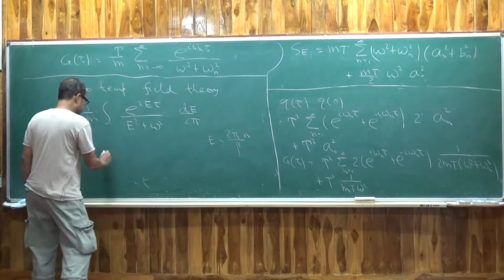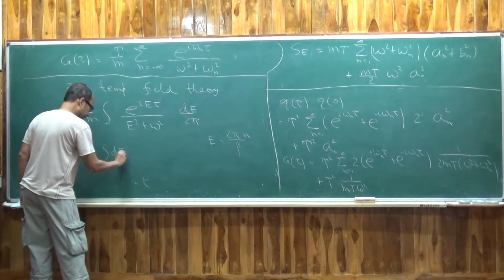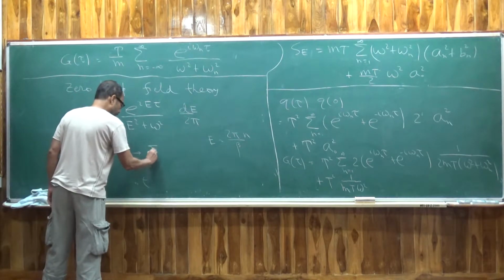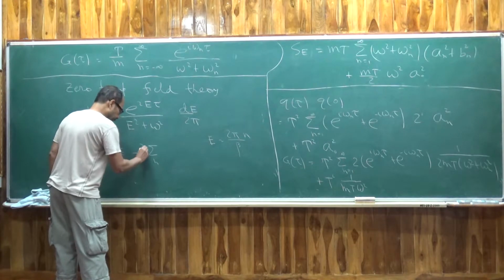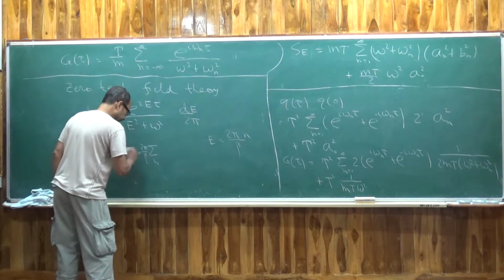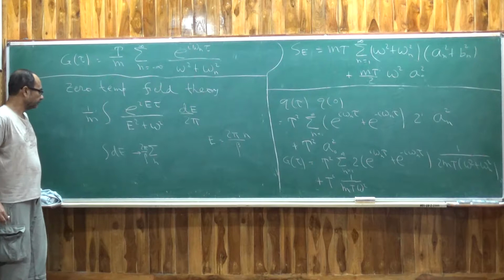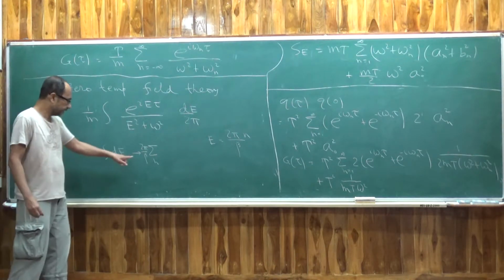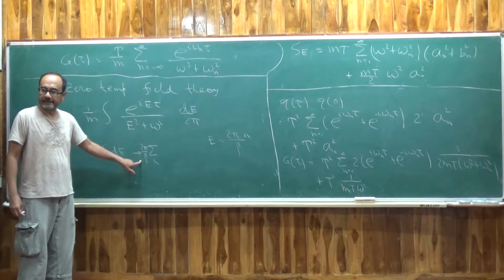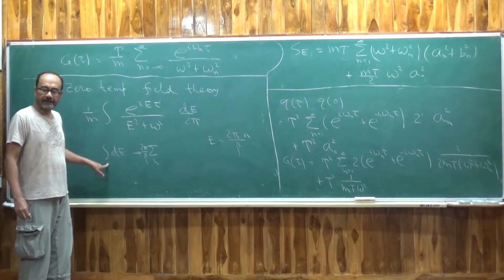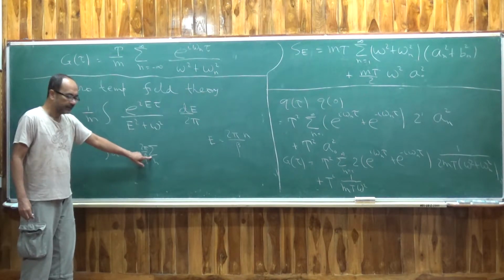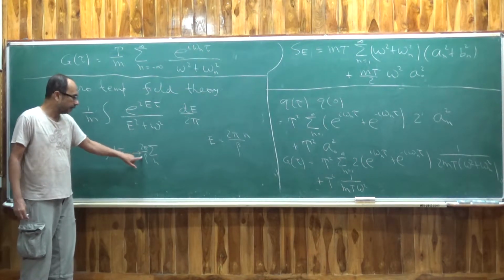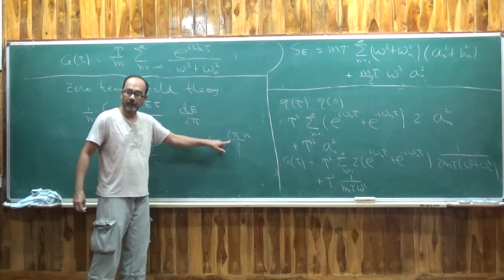So the integral dE will go over to a sum over n times 2 pi over beta. Is this clear? This is the way one discretizes a continuous integral: instead of integrating, you sum over the lattice points and multiply by the spacing, which in this case is 2 pi by beta.